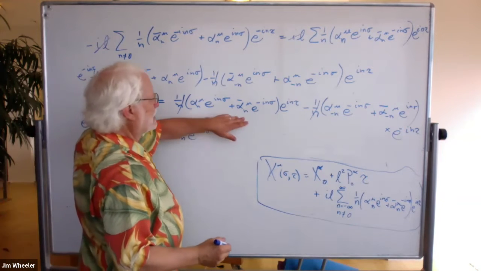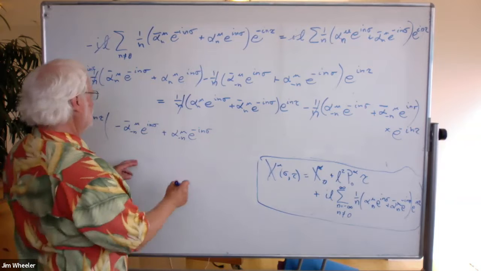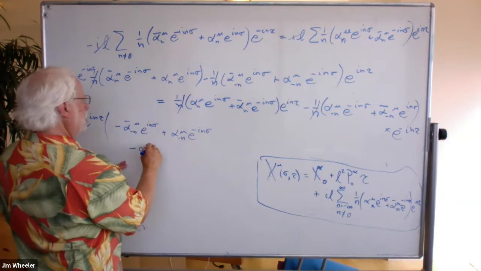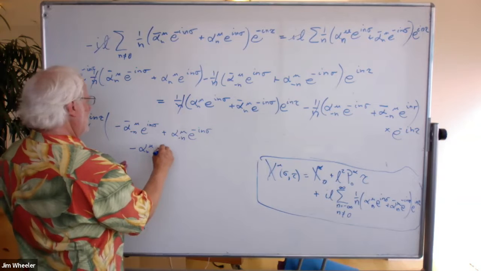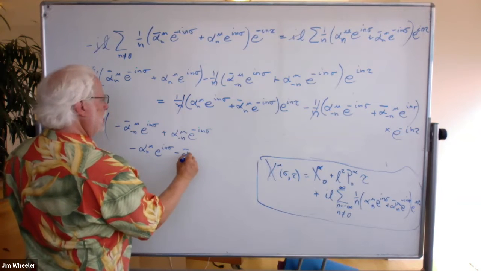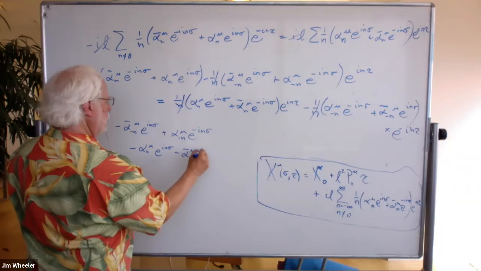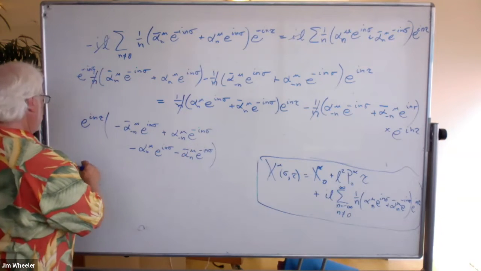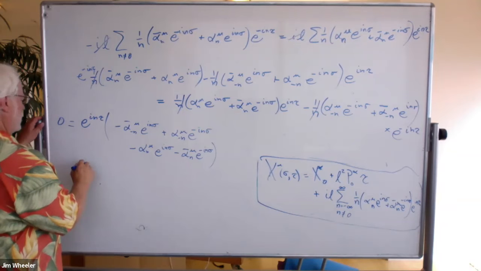Then on this side, we have these terms. Bring them to the other side, so we have minus alpha n mu e to the I n sigma minus alpha bar n mu e to the minus I n sigma. I'm going to make all of this equal to 0.